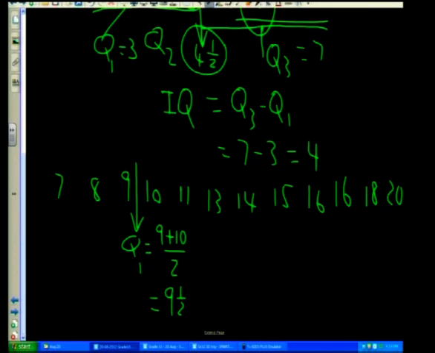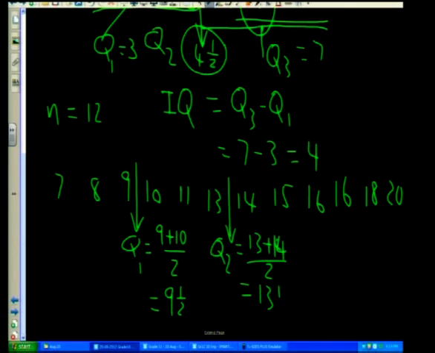Okay, and to get the second quartile, 12, remember n is 12. I think I need to write that down. So if you divide 12 into 2 parts, you get 6. So 3, 3, right there. You get quartile number 2, which is 13 plus 14 divided by 2, and that is equal to 13 and a half.